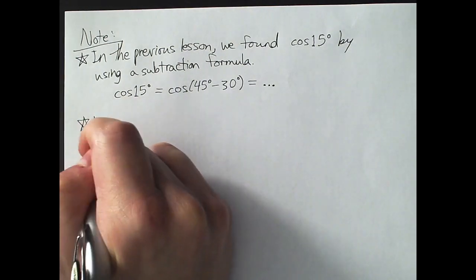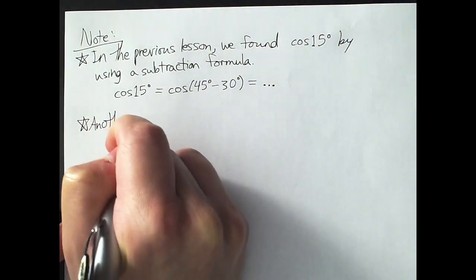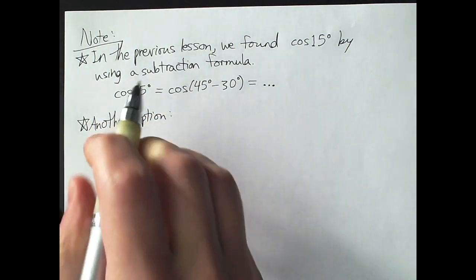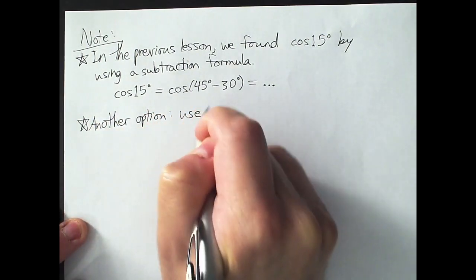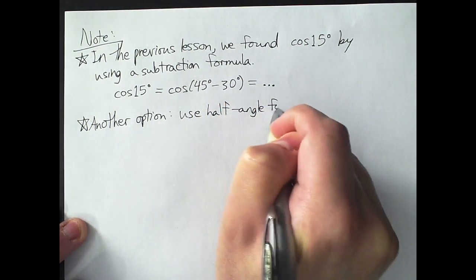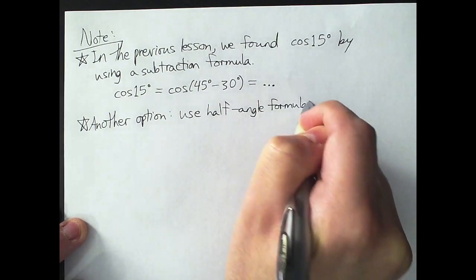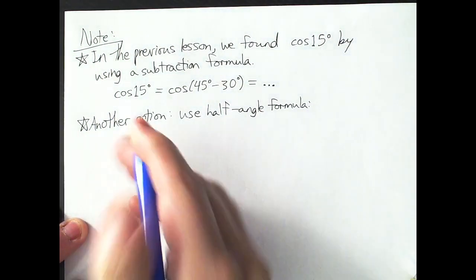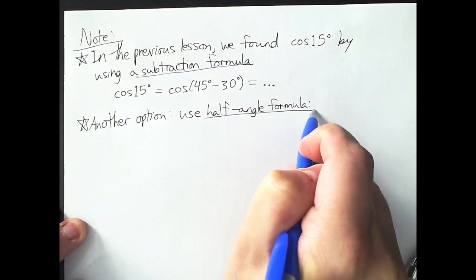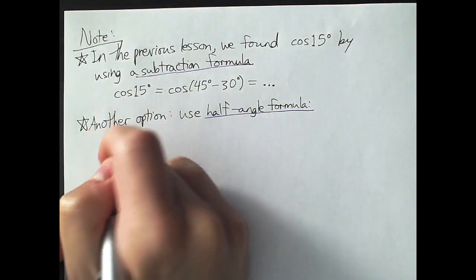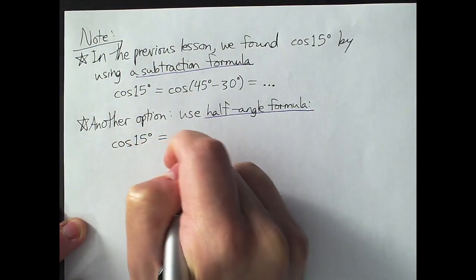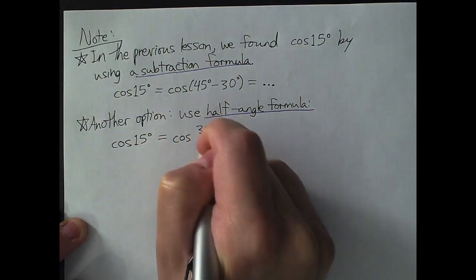Well, now I'm here to tell you that there is another option for problems like cosine of 15 degrees: you could use the half angle formula. And I'll show you what I mean, but I'm going to underline. We used a subtraction formula, and I'm saying that you could also use a half angle formula. So cosine of 15 degrees, you could say, hey, 15 degrees is exactly half of 30.